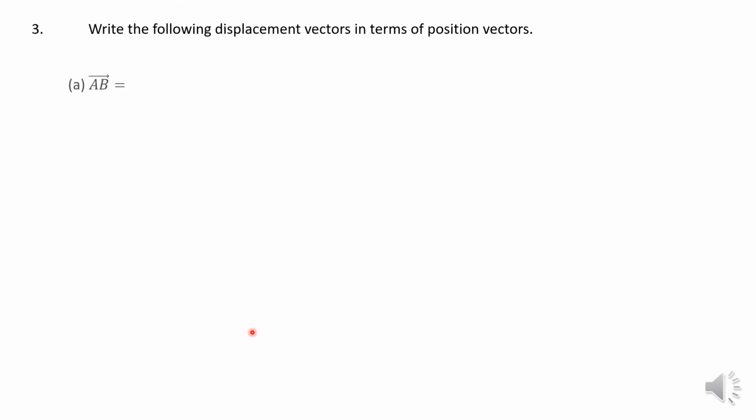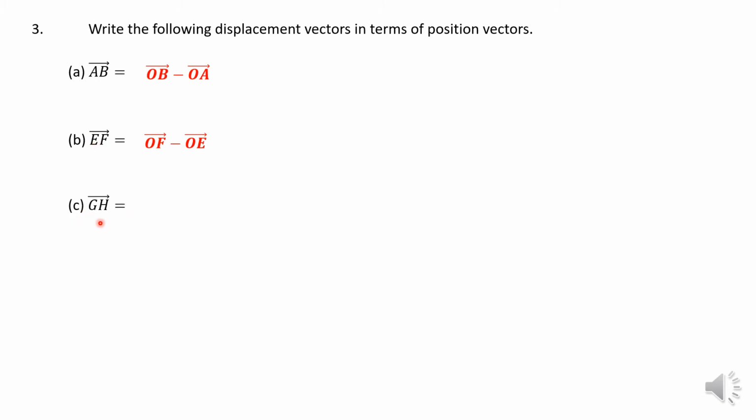We are supposed to write the following displacement vectors in terms of position vectors. Again, the second point minus the first point. So it's OB minus OA. For EF, the second point being OF minus OE. Your initial one is E, your terminal one is F, so you're going to have OF and then minus OE.